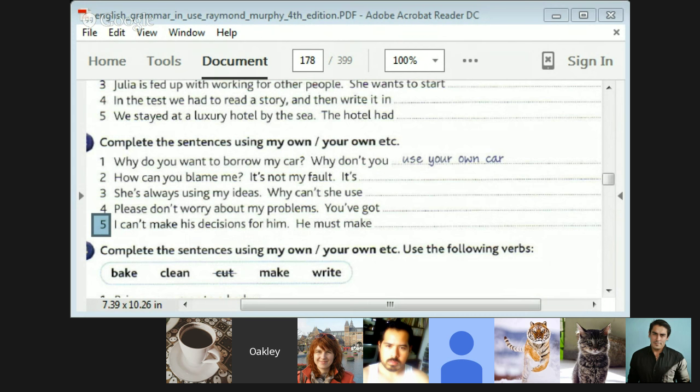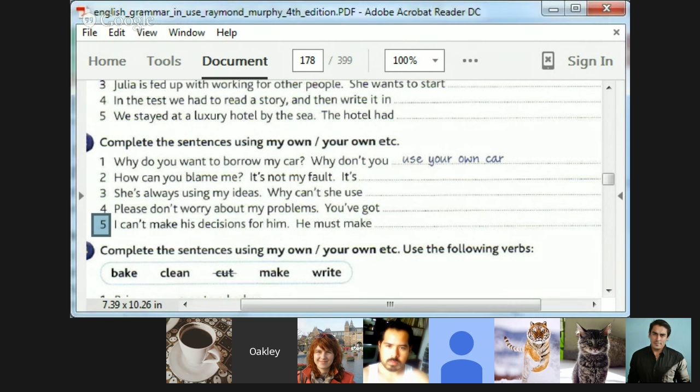He must make his own decisions, or he must make his decisions on his own, by himself. Either one expresses the same idea, because we're saying he must do it by himself. It's virtually no different, and either one is grammatically correct.